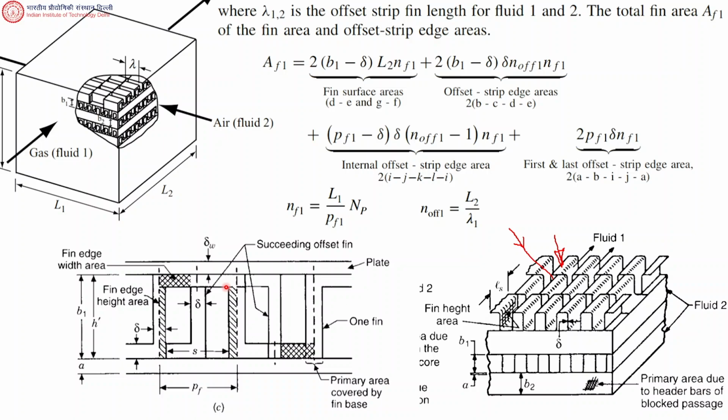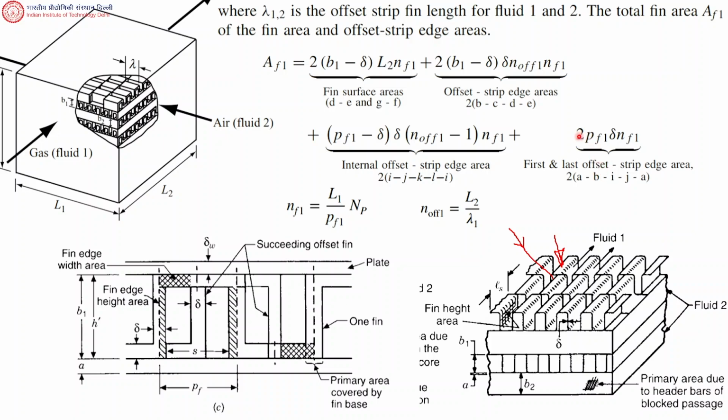How many such areas are there? 2. Why? The front face of the first row and the back face of the last row. Those are unobstructed. So that's the additional term which we are adding.